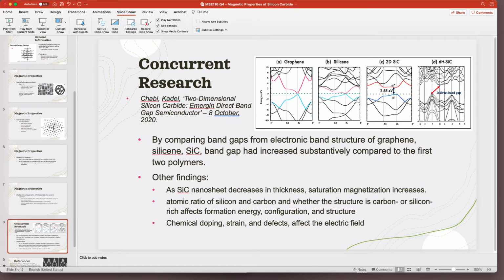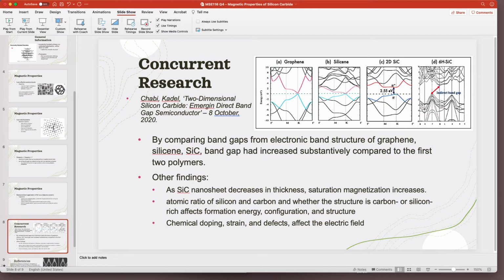By comparing band gaps from electronic band structures of graphene, silicene, and silicon carbide, the band gap had increased substantively compared to the first two. As the thickness of SiC nanosheets decreases from 9 to 3 nanometers, the saturation magnetization increases.